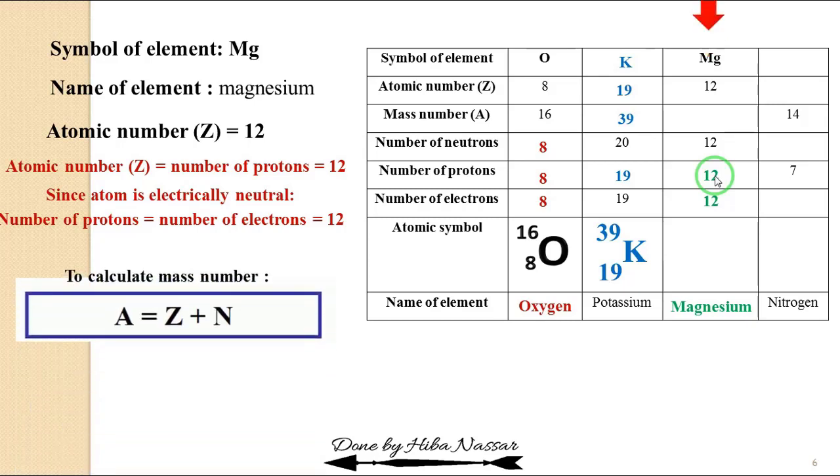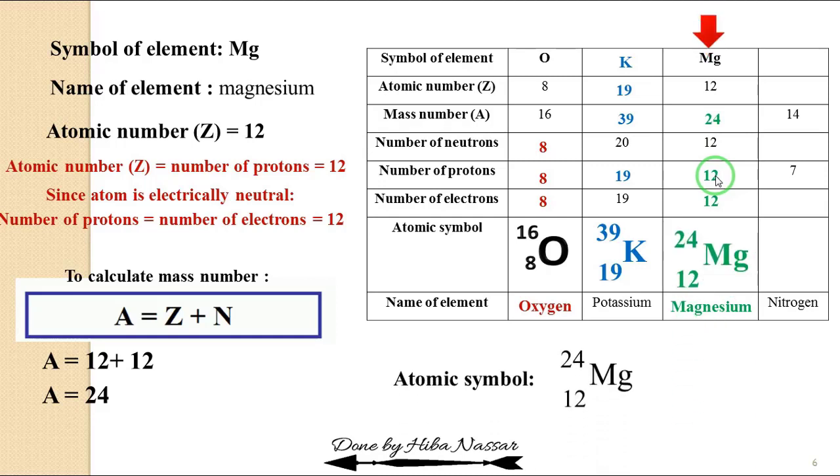Now, to calculate the mass number, again, it's equal to 24, using the same formula, A equals Z plus N. Now, for the atomic symbol, it's Mg, the symbol for magnesium, mass number 24 written above, and you have the atomic number, which is equal to 12.